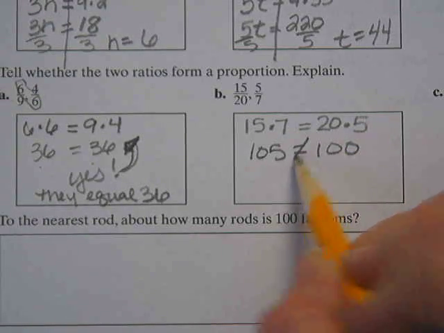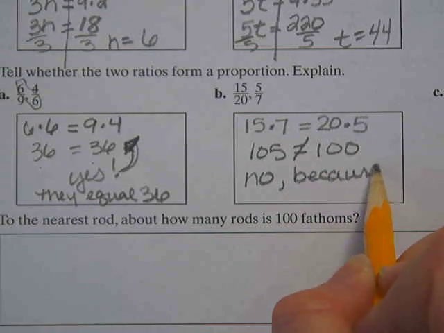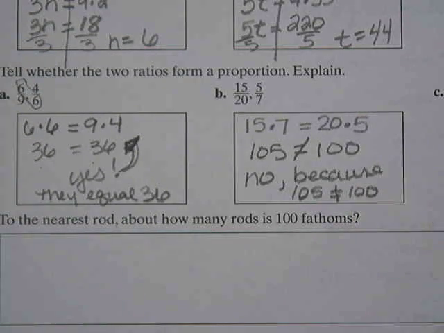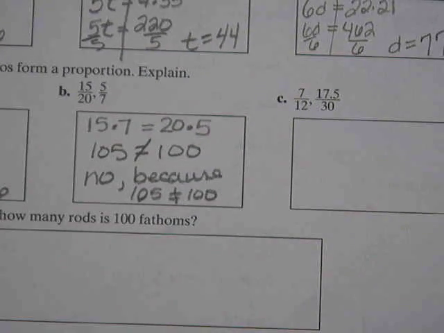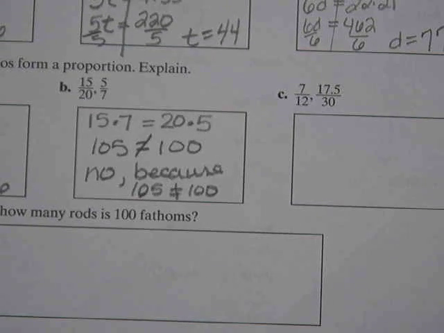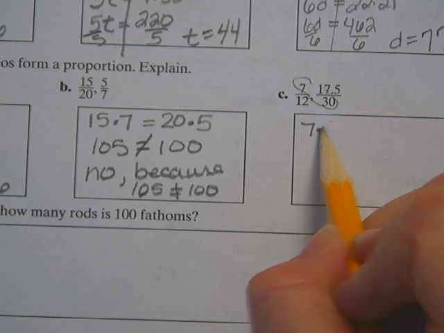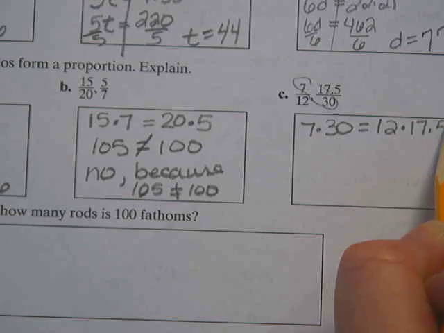Okay, how about B? 15 times 7 has to equal 20 times 5. 15 times 7 equals 105. 20 times 5 is 100. And your explanation just has to be because 105 does not equal 100.